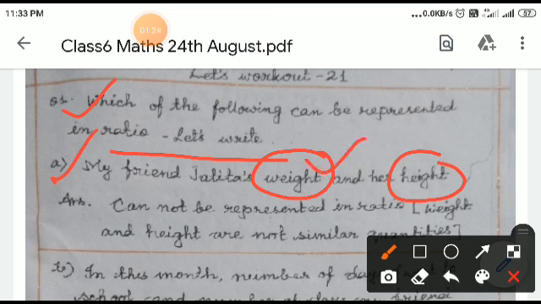We measure weight in gram or kilogram or their multiples and submultiples, and height in meter, centimeter or their multiples and submultiples. So they are not similar quantities. The unit of weight and the unit of height are different. So this cannot be represented in ratio.